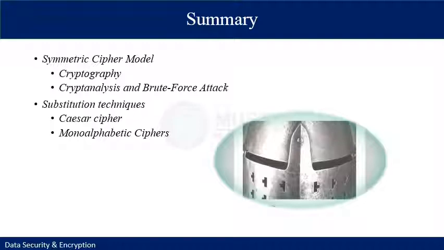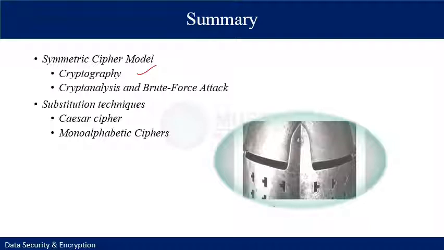So this leads to the summary of this lecture. In this lecture, we discussed some fundamental terms, and then we discussed a symmetric cipher model in which a symmetric encryption key, or a secret key, is used. We defined the term cryptography and how it can be used to secure or transform information from one form to another.